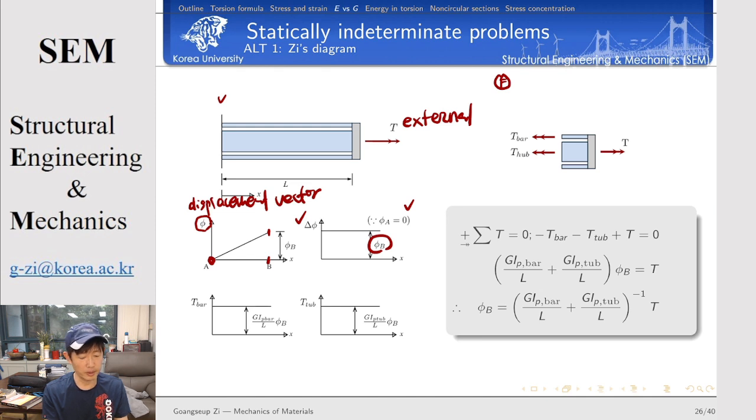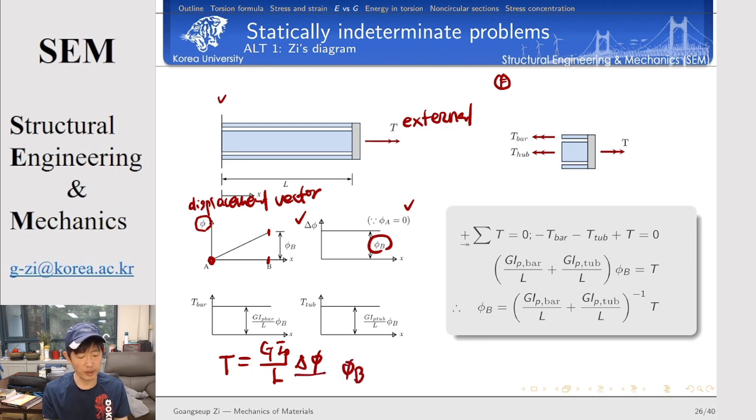Now here, look at this: the torsional moment is equal to GIp divided by the length, times the change of angle of twist between 2 points. Here, make sure that delta phi is equal to phi B here. Okay?